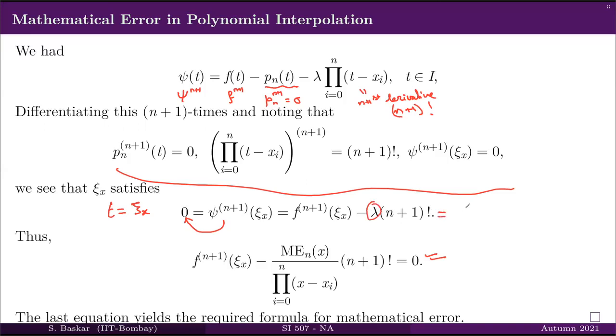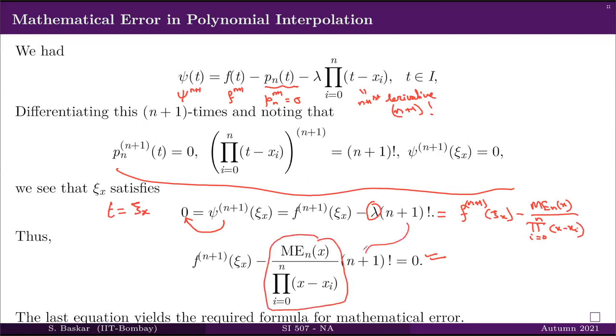Therefore, this is nothing but f n plus 1 of psi x minus, you have this mathematical error in x divided by the product i equal to 0 to n of x minus xi, right? I'm just putting the expression for lambda, that is what is sitting here, into psi n plus 1.